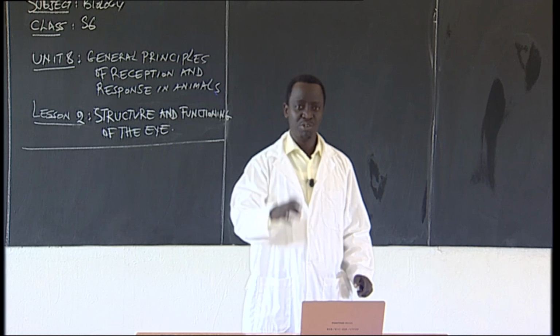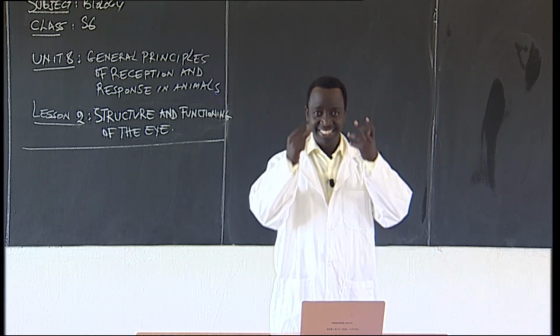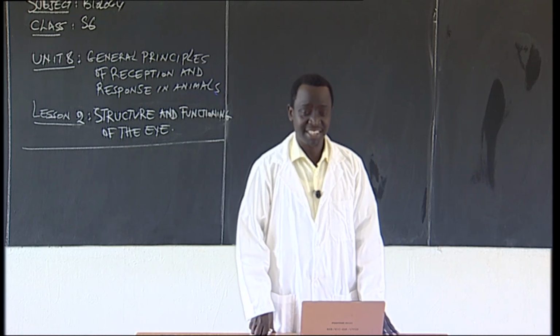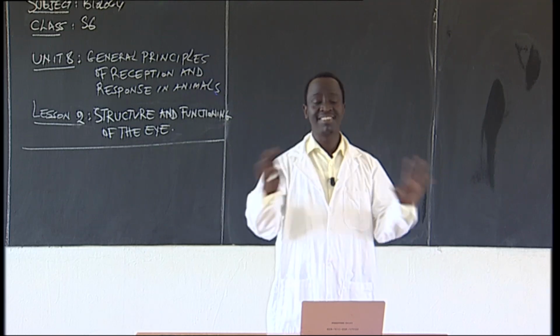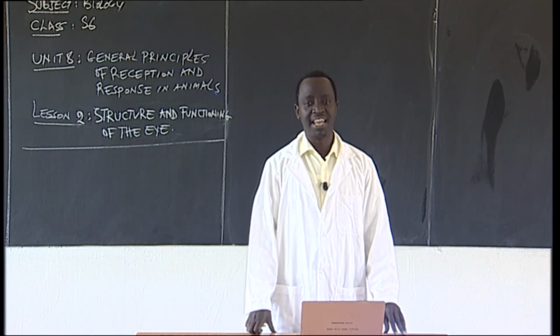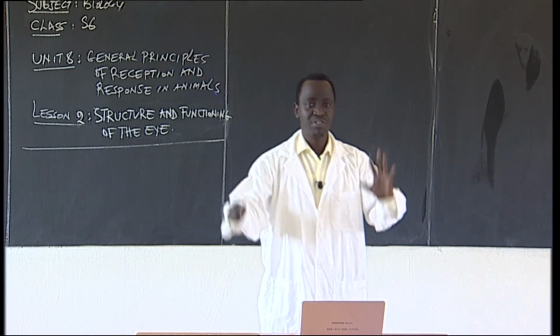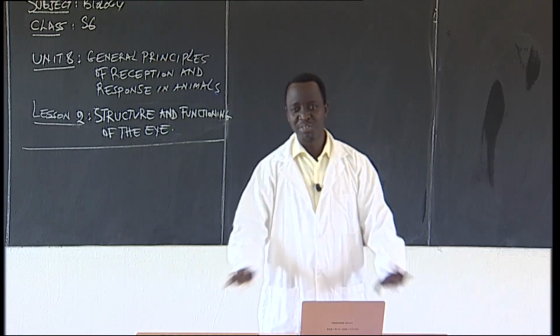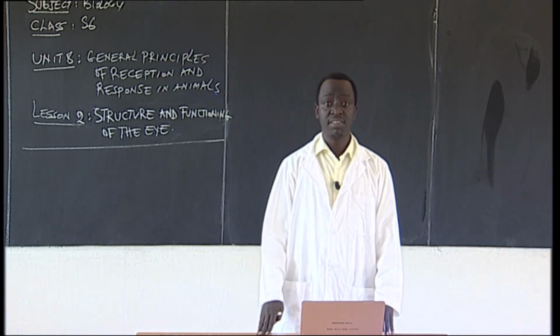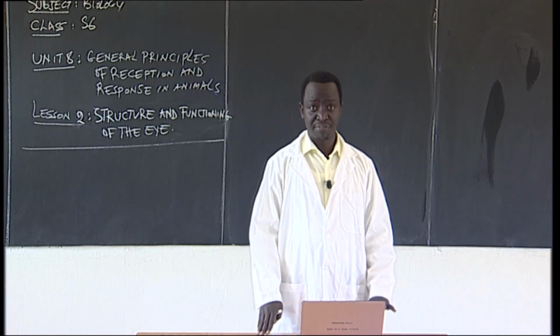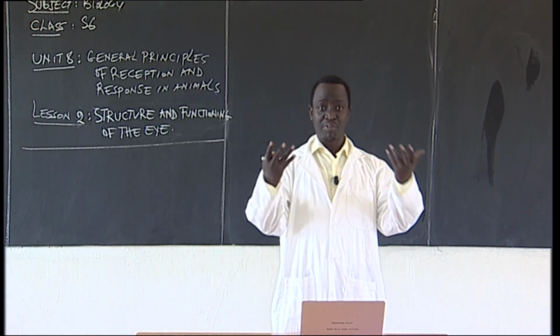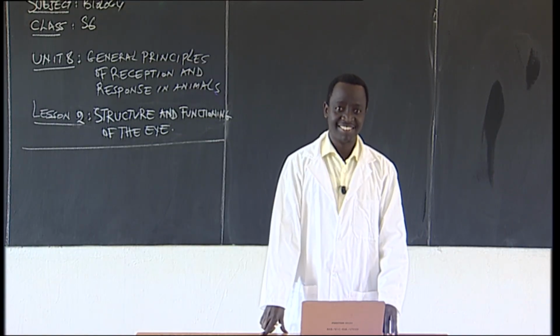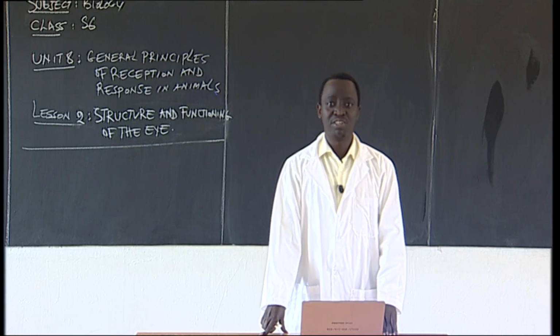Yes, it helps us to see. The sense of that is called sight, which means the eye is very important. If you don't have the eye, we cannot see. You cannot see a good image. You cannot see the colors. But we have the eyes, which is a very important organ.